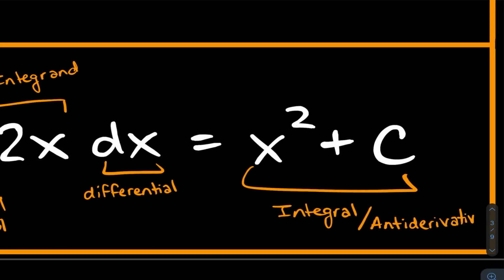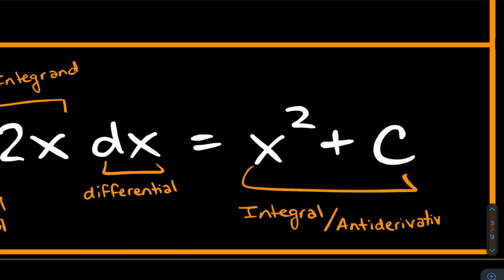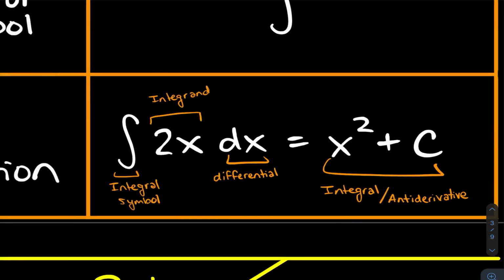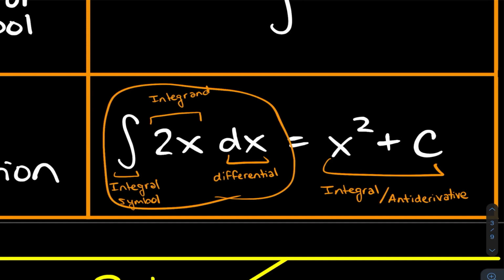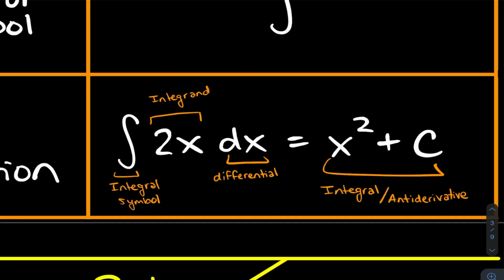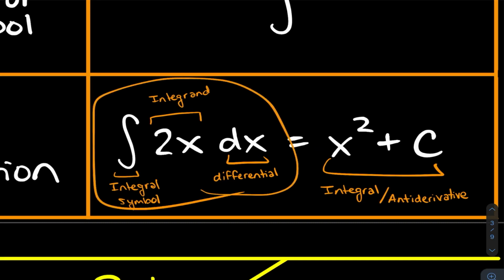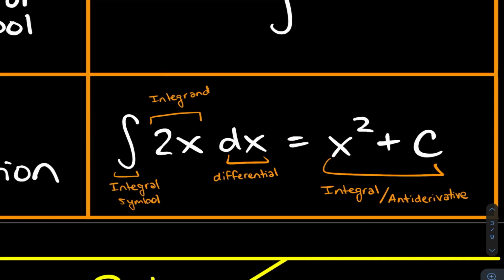Now, I do want to note that might seem a little confusing to you. This right here is an integral, or you could call it an antiderivative. That's also what this is. These things are equal. They're the same thing. This is what you probably think of when you think of an integral, but this right here is your, I guess you could say, your completed integral.